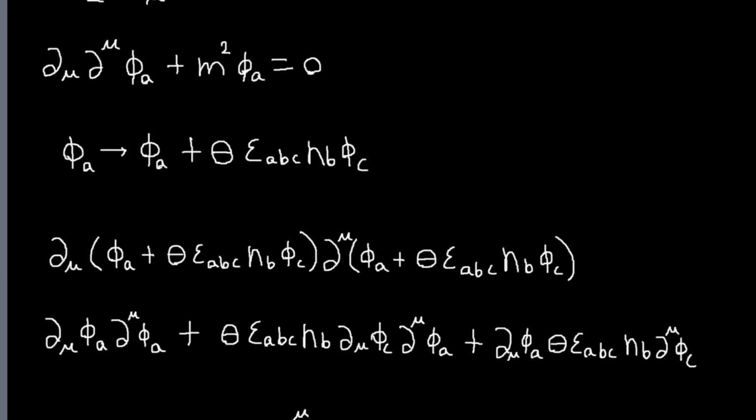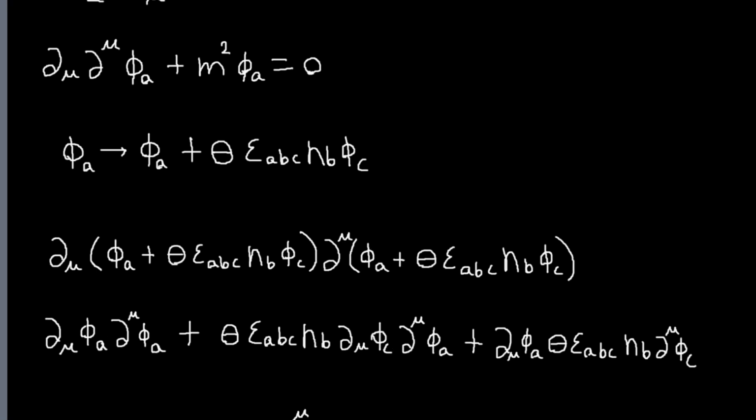And I will FOIL this. Just a note, I have these derivatives. When they act on this term over here, the only thing that depends on the coordinates is phi. So for this term here, it's just this d mu phi c, and then I get the d mu phi a from this term.